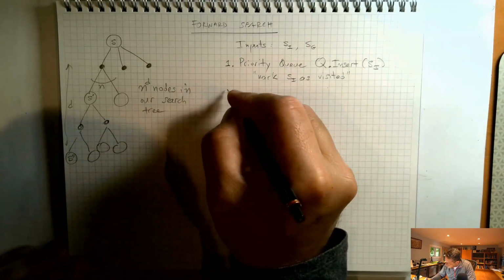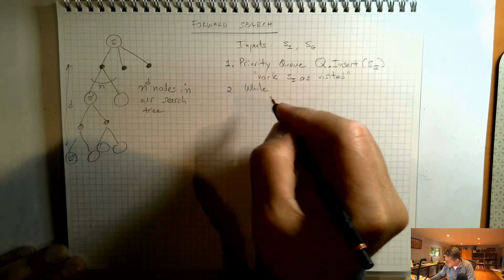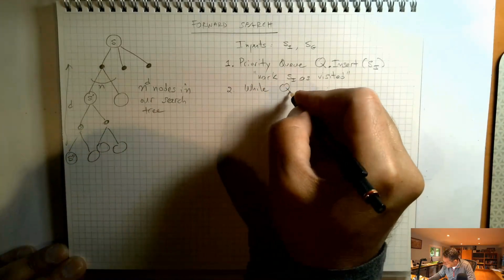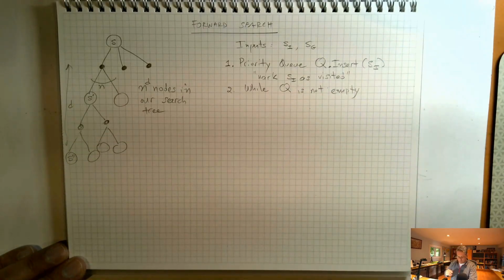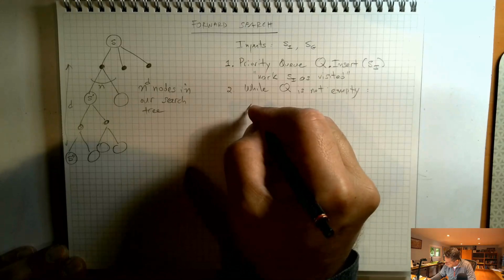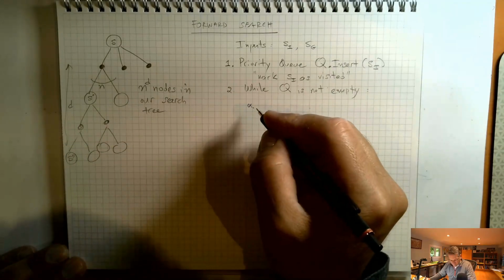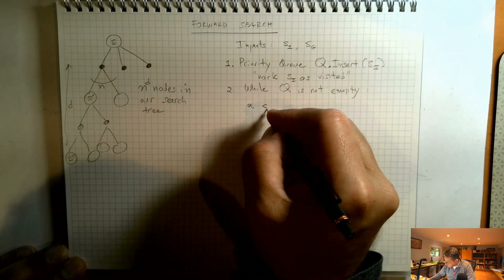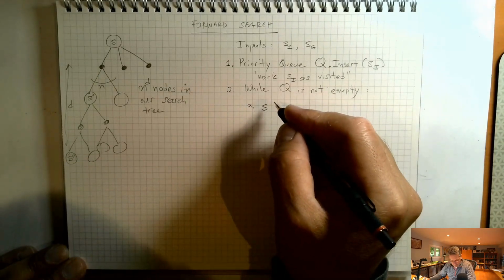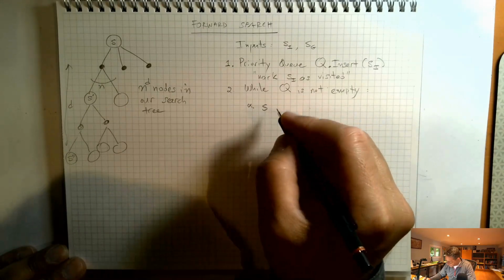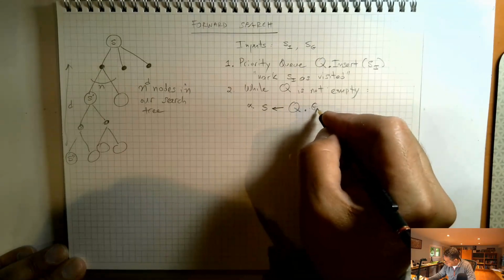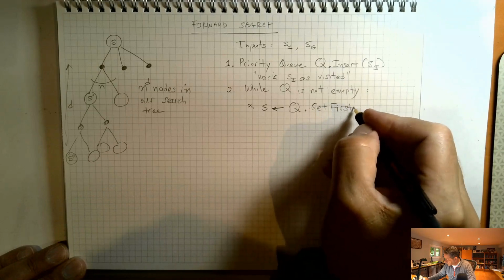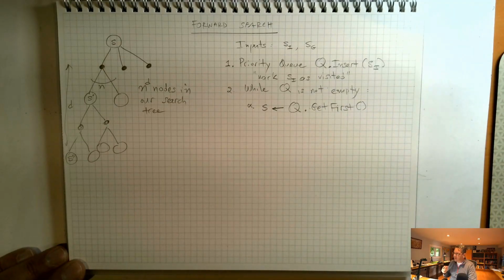And the second step is a while loop. While the queue is not empty, we have now, let me call it A, the step in which we are producing a next state, let's call it S in general, by picking from the queue the highest priority element.